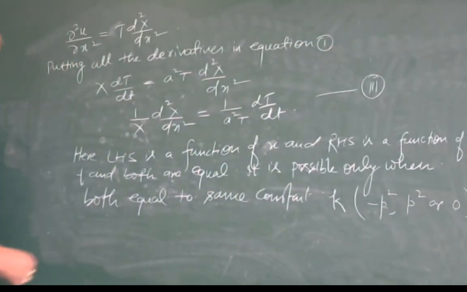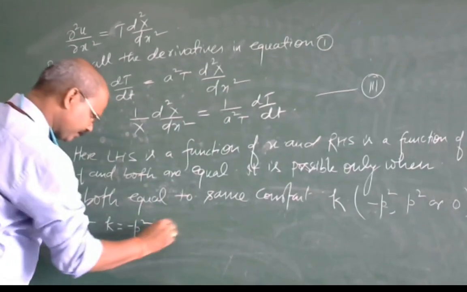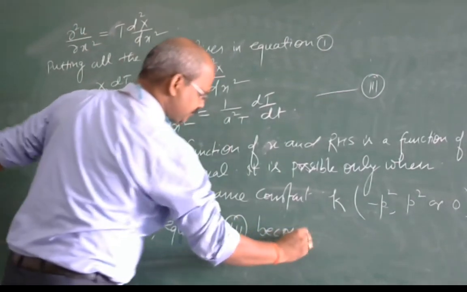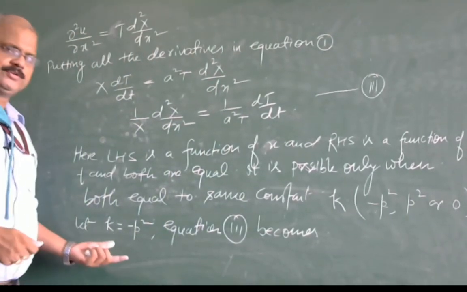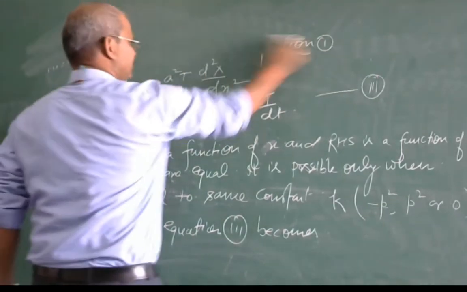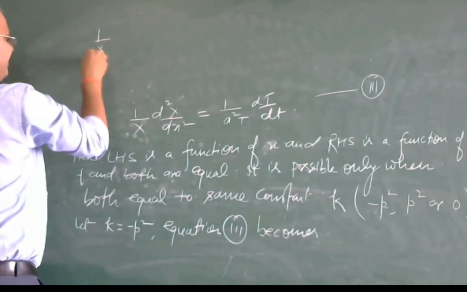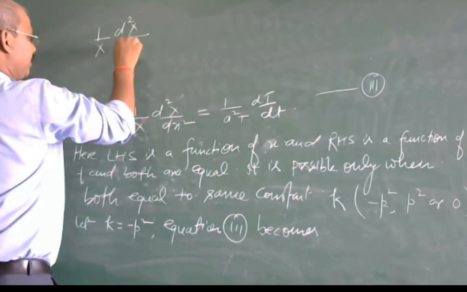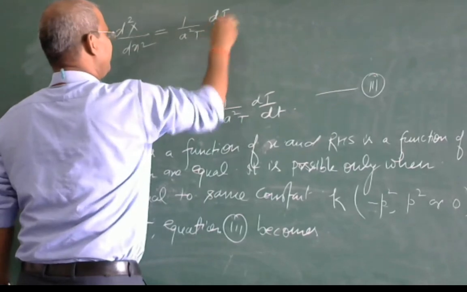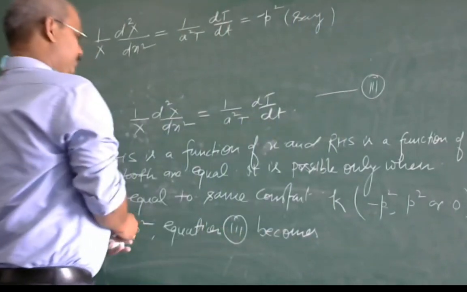So let k equal to minus p square. If k is equal to minus p square, the third equation becomes 1 upon X d2X upon dx2 equal to 1 upon a square T dT upon dt, equal to minus p square.